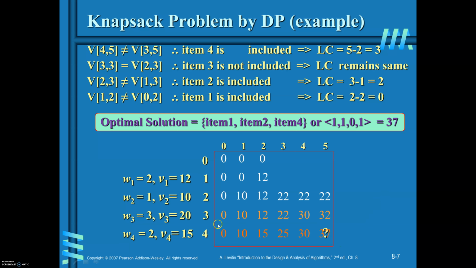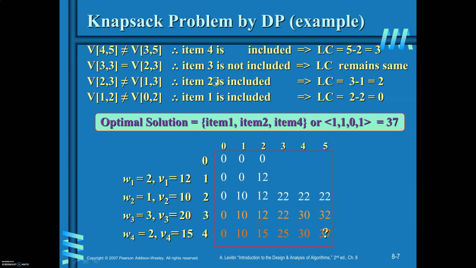So V4 comma 5, is it the same as that of V35? No, it is not the same. So item 4 is included into the sack. When item 4 is included into the sack with weight 2, then the left capacity is 3. Now check V3 comma 3, is it equal to V2 comma 3?